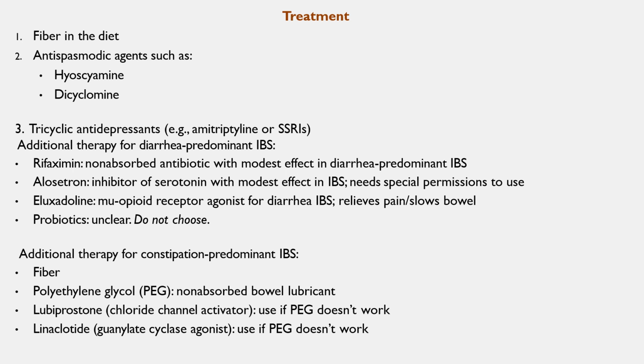You can use it if PEG does not work. And number 4, this is linaclotide, which is a guanylate cyclase agonist, which is used if PEG does not work.